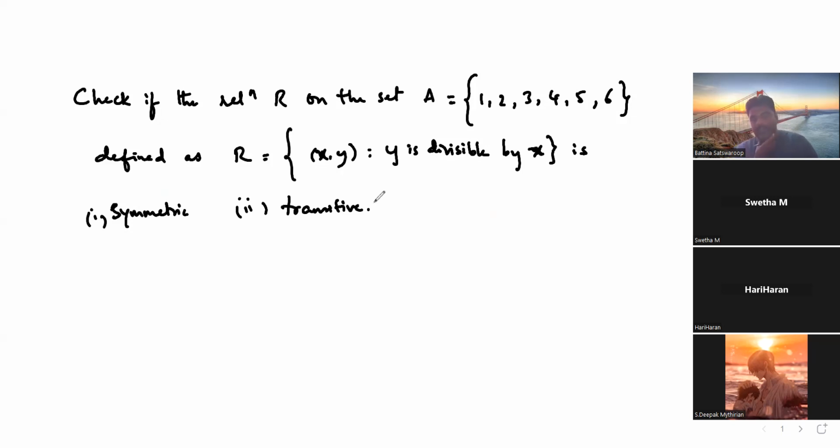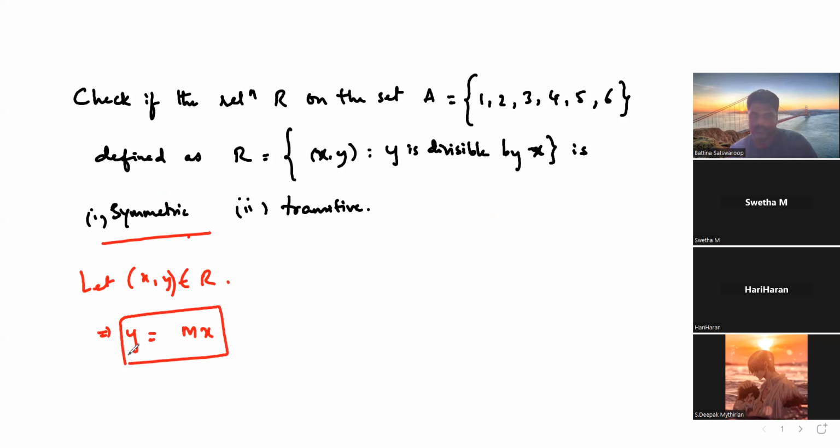First of all, I will try to check for symmetric. Let (X, Y) belong to R. So Y is divisible by X, and now Y is equal to some multiple of X. Correct, amma? Let us say I am taking (1, 5). Let (1, 5) belong to R. So 5 will be equal to M into 1.